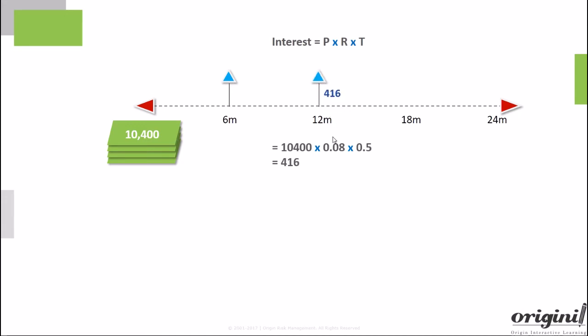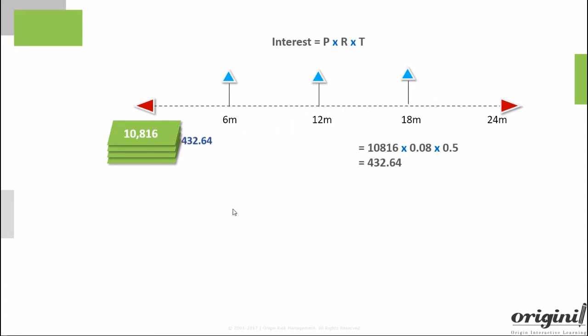This will get added back to the principal, and hence the new principal will be 10,400 plus 416 equal to 10,816. This would be the principal for next 6 months, and the interest due at the end of 18 months will be 10,816 multiplied by 8 upon 100 multiplied by 0.5, and that is equal to 432.64.